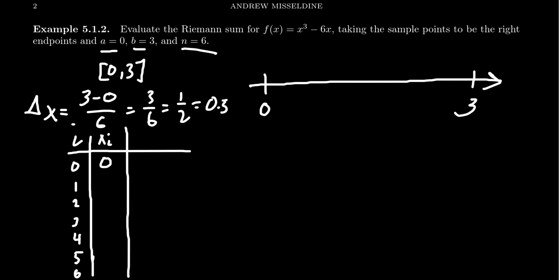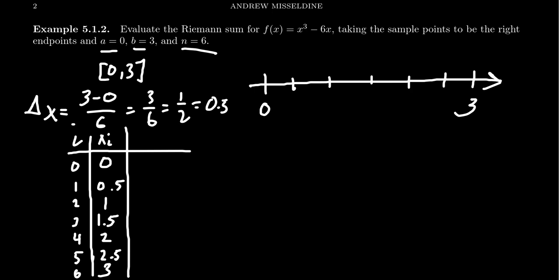And you're just going to add a half step to each and every one of them. So you get x1 is going to be 0.5, x2 is going to be 1, x3 is going to be 1.5, x4 is going to be 2, x5 is going to be 2.5, and x6 is going to be 3, which is the b value, which is what we would expect.